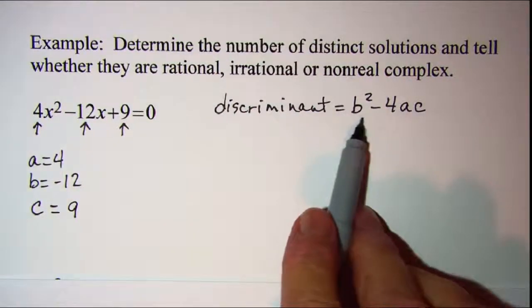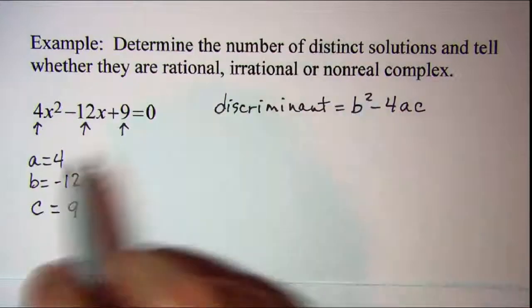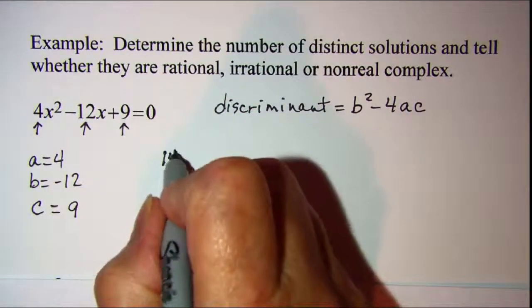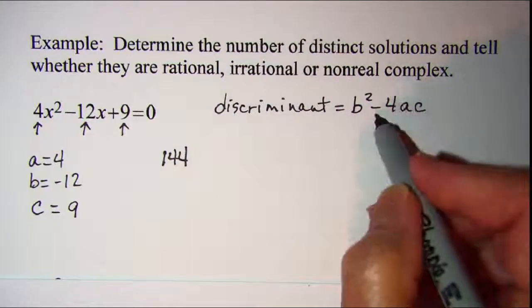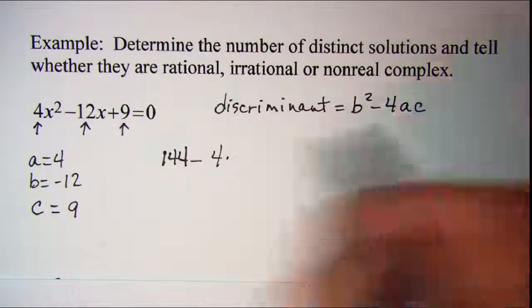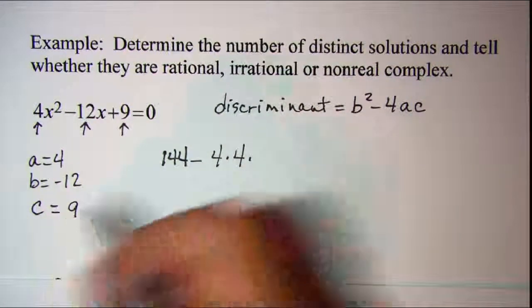So just looking at our discriminant, we need b squared, so negative 12 squared is 144, minus 4 times a, which is 4, times c, which is 9.